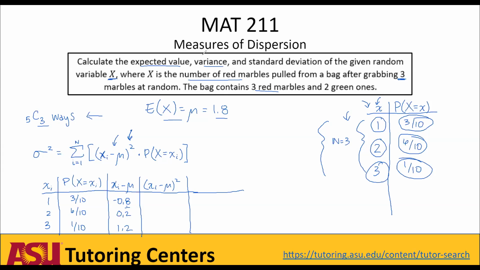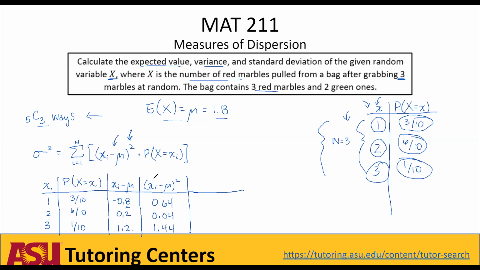So for negative 0.8 squared, this is going to be equal to 0.64. Remember, it'll be positive because if we multiply two negatives together, they become a positive. 0.2 squared is 0.04, and 1.2 squared is 1.44.